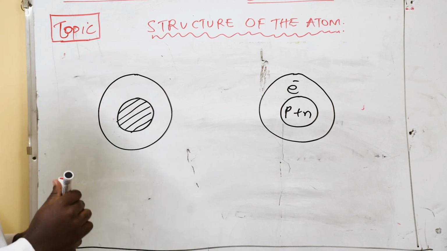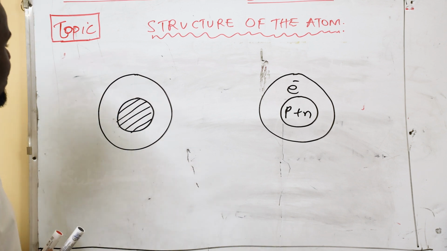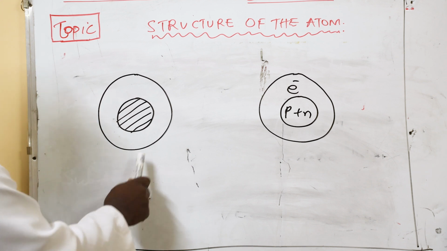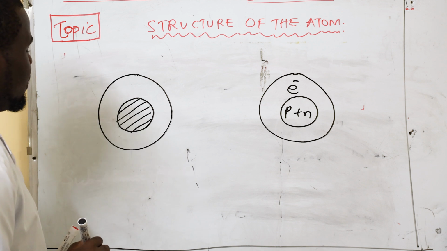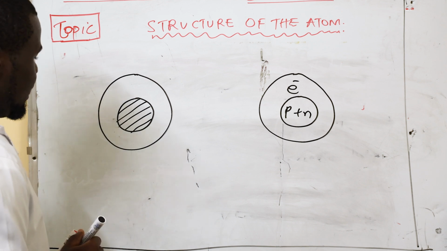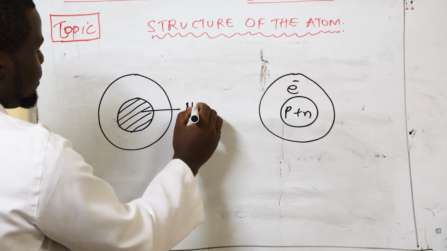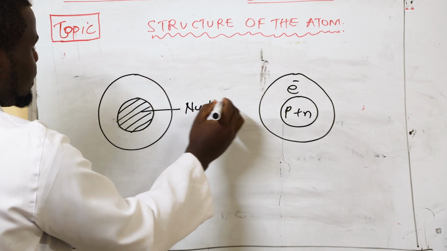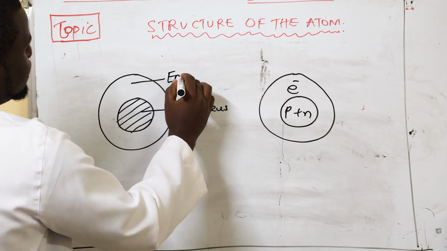If you look at what I have here, I have two circles, the smaller one and the bigger one, and the inner circle is shaded. The shaded region here is called the nucleus, and the unshaded part is called the energy level.